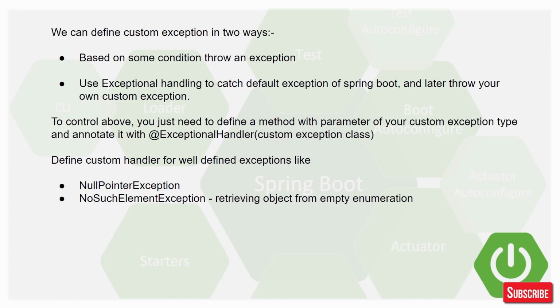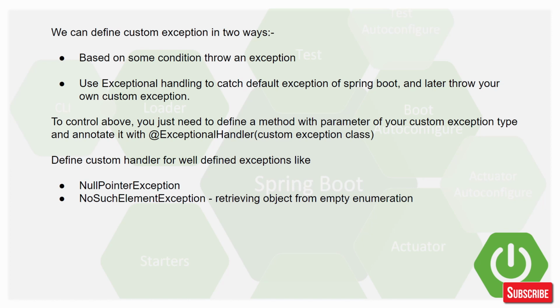To control a verb, you just need to define a method with a parameter of your custom exception type and annotate it with exception handler, custom exception class. I'll show how to do that in the practical session.